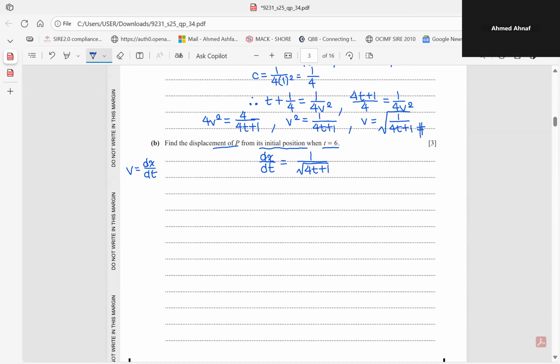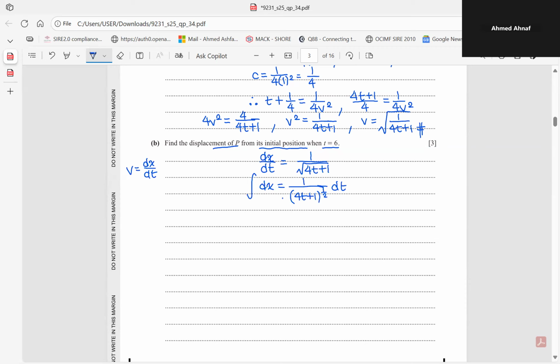You can move the dt to that side. So you get dx equals 1 over the square root of (4t plus 1), which you can write as (4t plus 1) to the power of negative 1 over 2 dt.